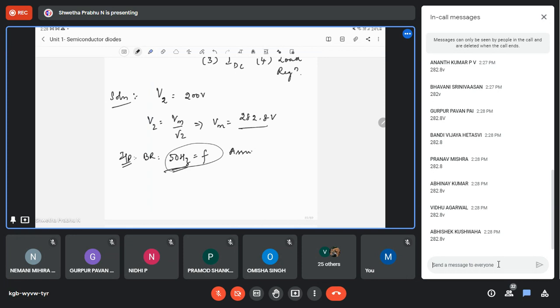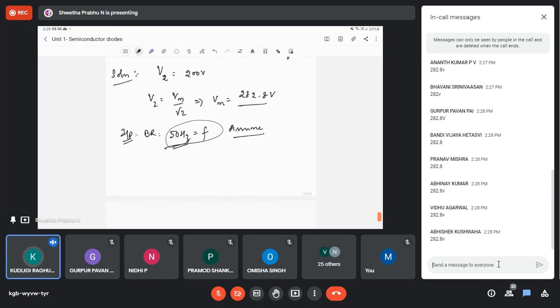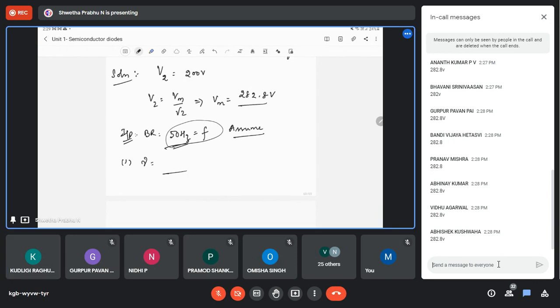If not, you assume it to be equal to 50 Hertz. The C value they have given, the load resistance value they have given. So it's always 50 hertz if it's not given in the question? Yes. So find the ripple factor.